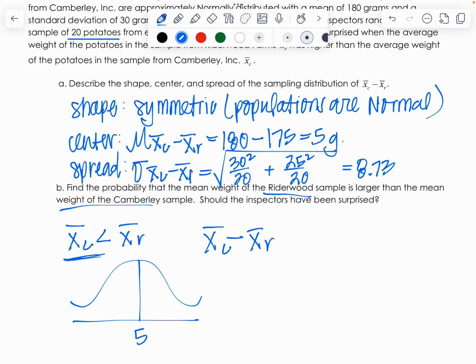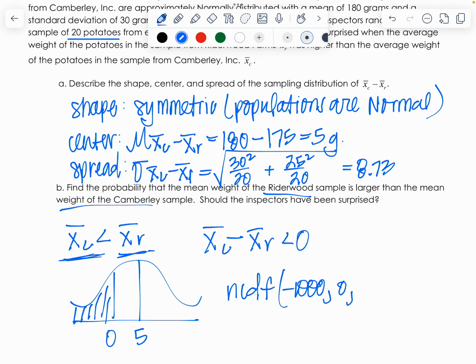If the Camberley sample is less than the Riderwood sample, then when we subtract them, we're going to get a negative value, a value that's less than 0. So we want to go from 0 to the left, right? To do this, we're going to take normal CDF from negative 1,000 to 0 with our mean of 5 and our standard deviation 8.73.